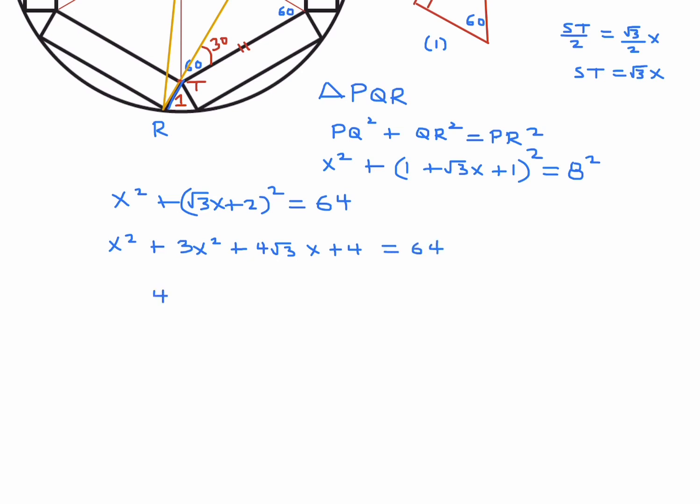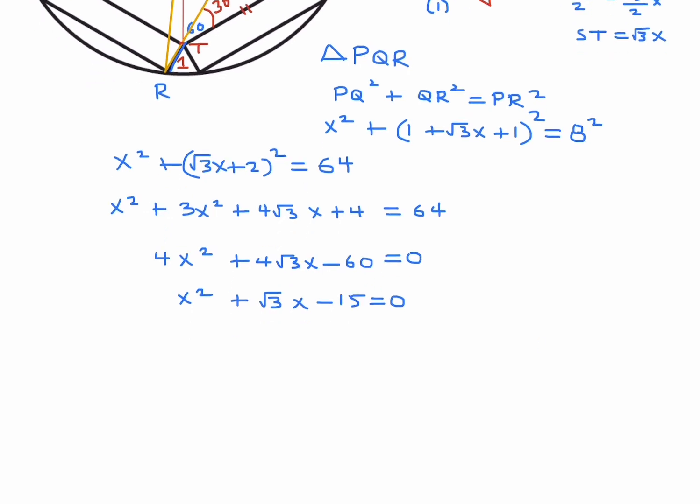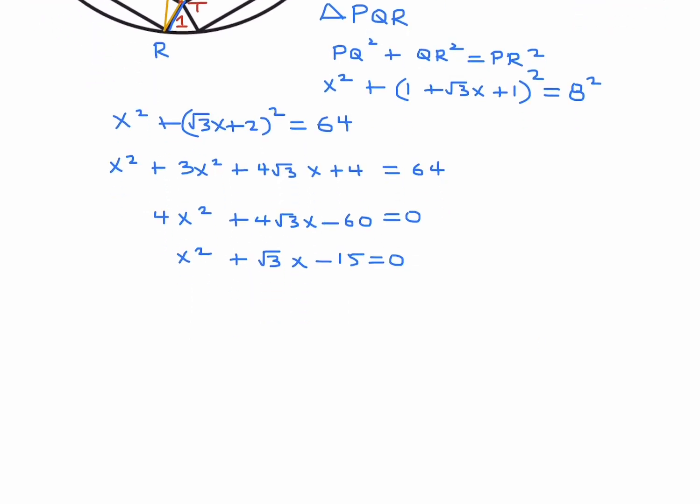Bring everything over on one side, collect like terms. 4x squared plus 4 root 3 x minus 60, divided by 4. We'll get rid of a lot of 4's. And we just get left with x squared plus root 3 x minus 15. And this is most likely going to need a quadratic to solve.